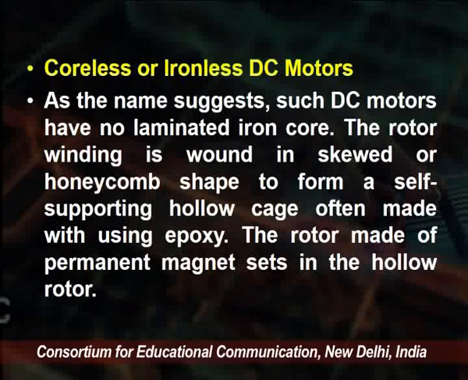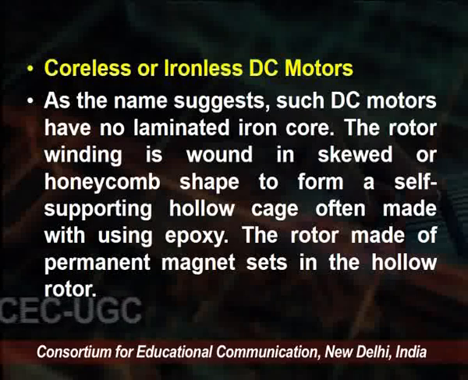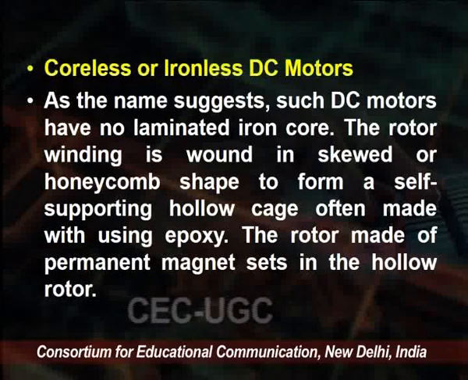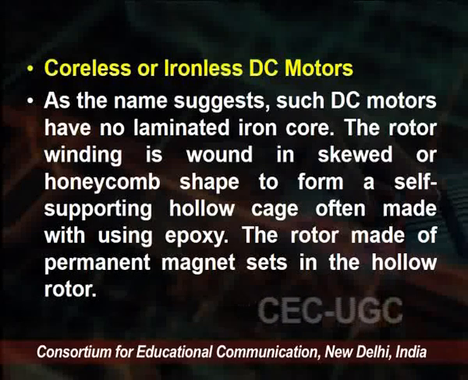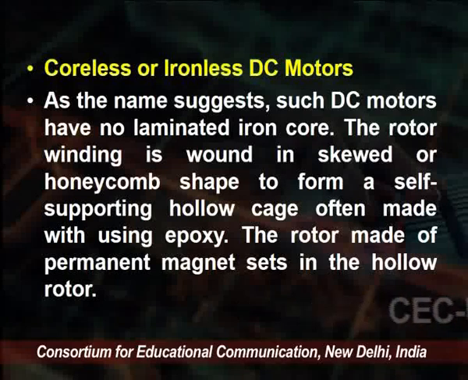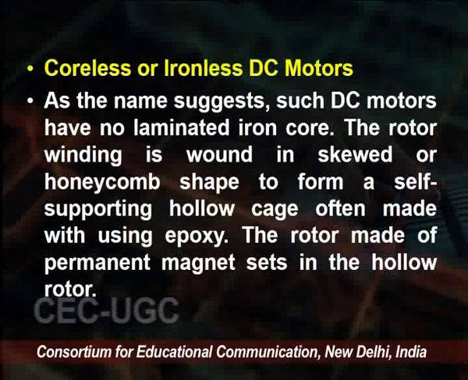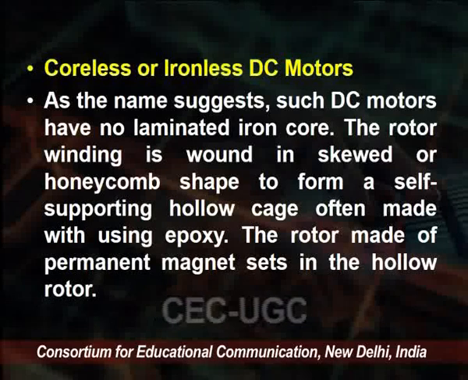The rotor winding is wound in a skew or honeycomb shape to form a self-supported hollow cup, often made with epoxy. The rotor is made of permanent magnet set as a hollow rotor. This coreless design eliminates the issues and losses associated with the iron core of traditional motors.